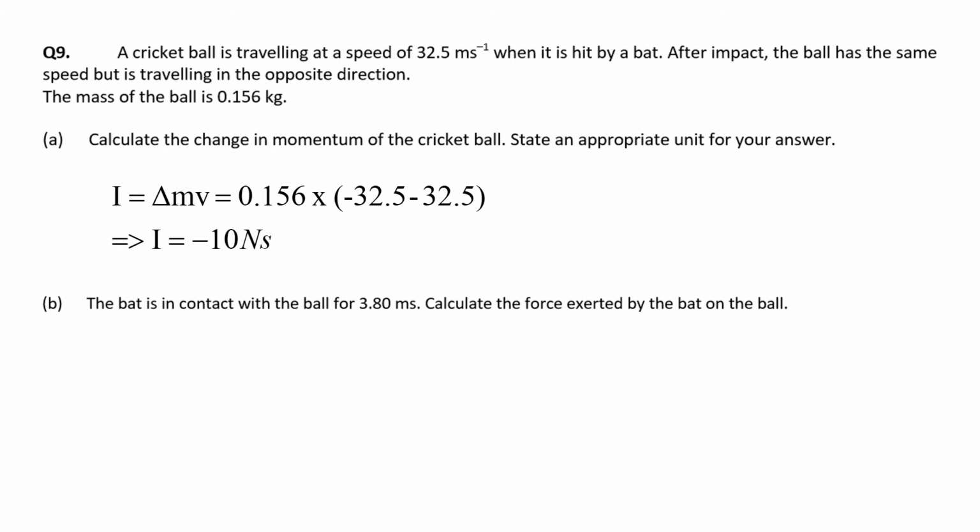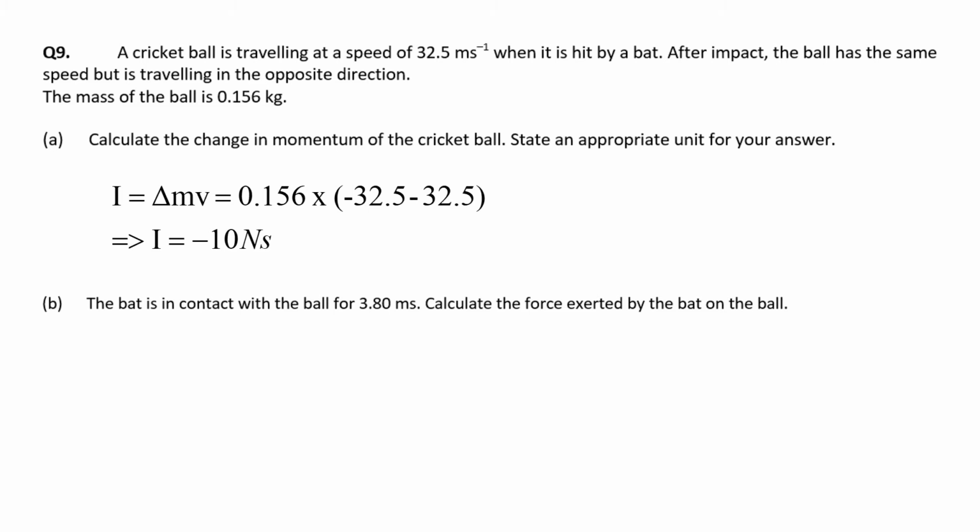The initial velocity I'm going to say is plus 32.5, which means the final velocity in the opposite direction is minus 32.5. We subtract the initial speed, and so essentially we're going to get 2 times the speed as the change, and that gives us an impulse of 10 Newton seconds, or we could have given it as kilogram meters per second. Either would be appropriate.